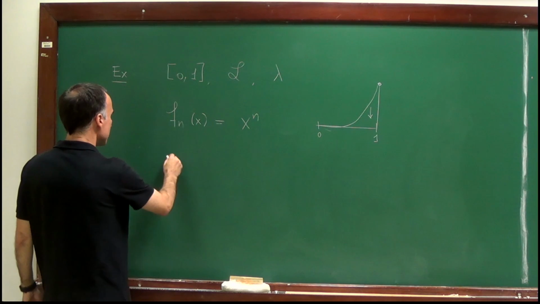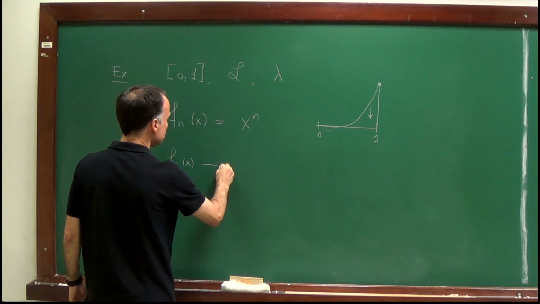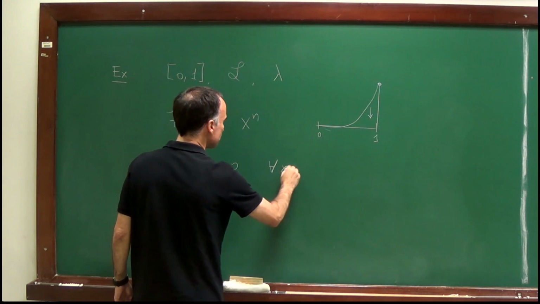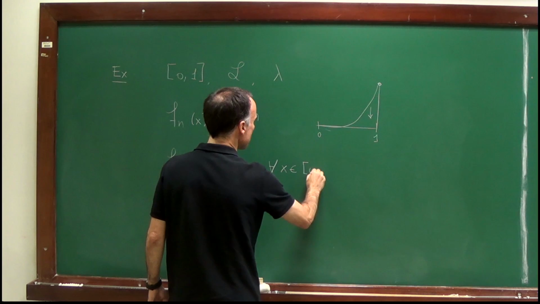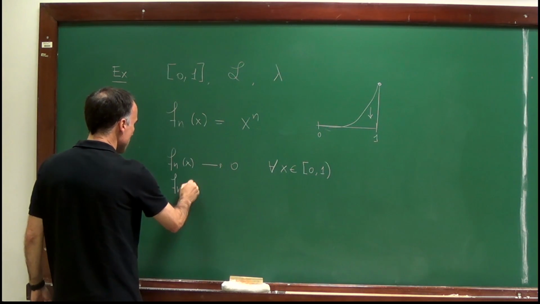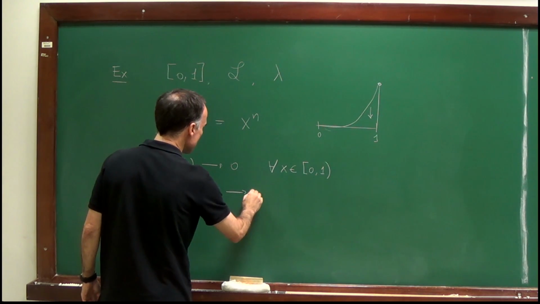So it's clear that f_n of x converges to 0 for any x in [0, 1), but f_n of 1, which is equal to 1, is not converging to 0.